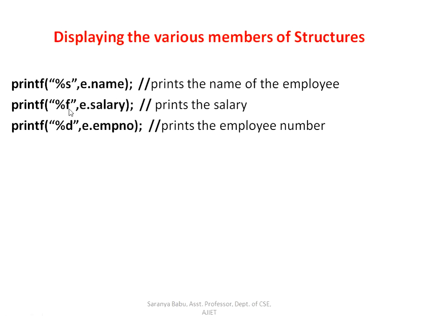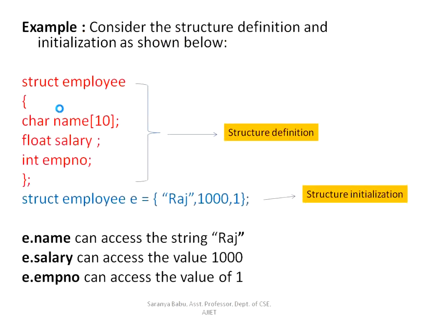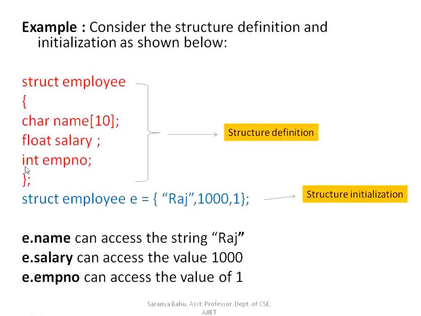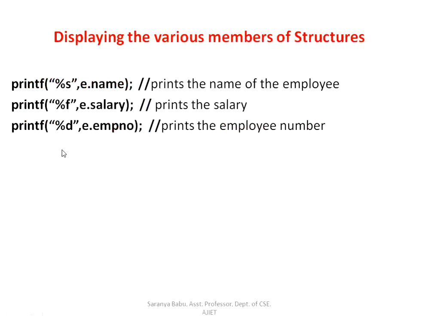It prints the name of the employee. Printf %f, why %f? Salary is a float. So printf %f E dot salary prints the salary. Printf %d, why %d? Employee number is an integer. Printf %d E dot EMP number prints the employee number. So this is how you print the values of those variables.